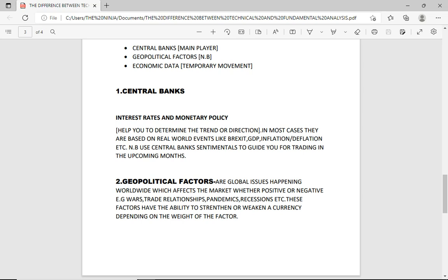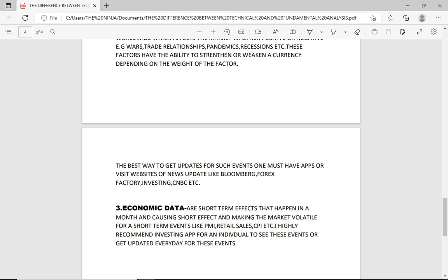So yeah, geopolitical factors. The best way to get updates for such events is to have apps or visit websites of news updates like Bloomberg, Forex Factory, Investing, CNBC, etc. You can search for news sources for forex trading, but I recommend Investing, Bloomberg and CNBC.